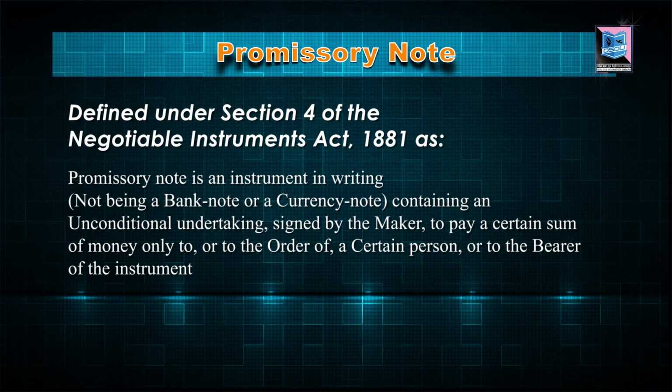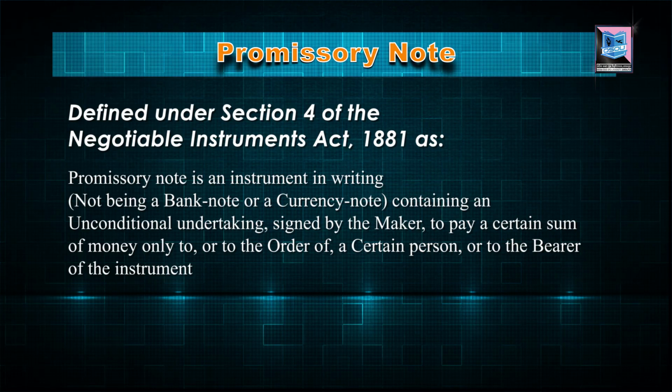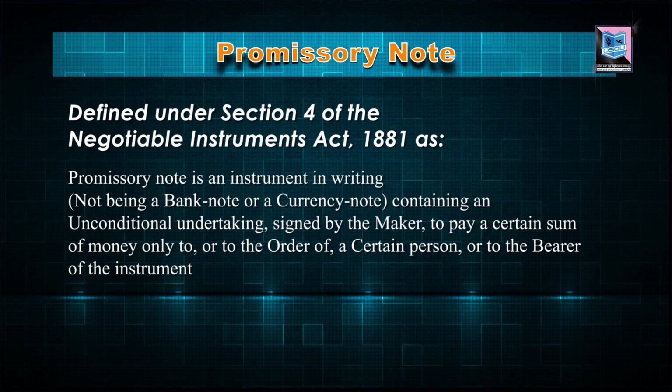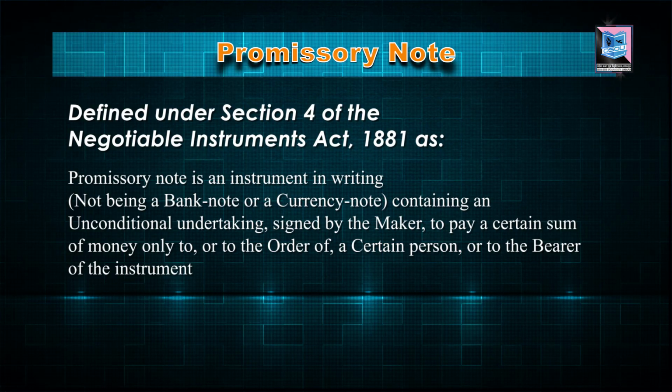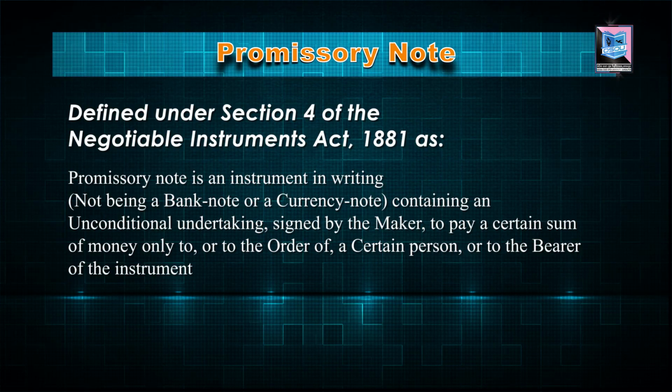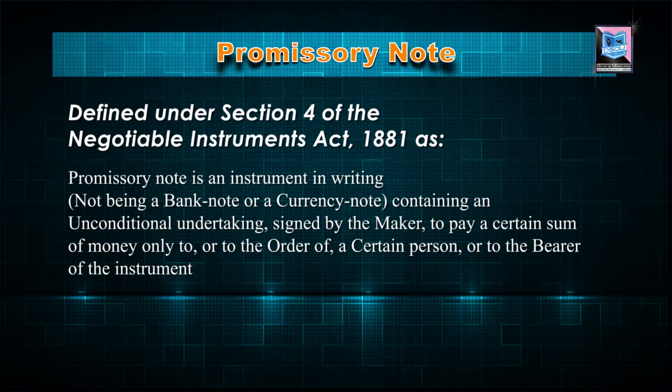It must contain the unconditional undertaking. There must not be any condition pertaining to which the payment is to be made. It must be signed by the maker. This makes it an authentic document whereby it will have its validity. It is always an instrument to pay a certain sum of money. The money which is mentioned in the promissory note must be a certain sum.